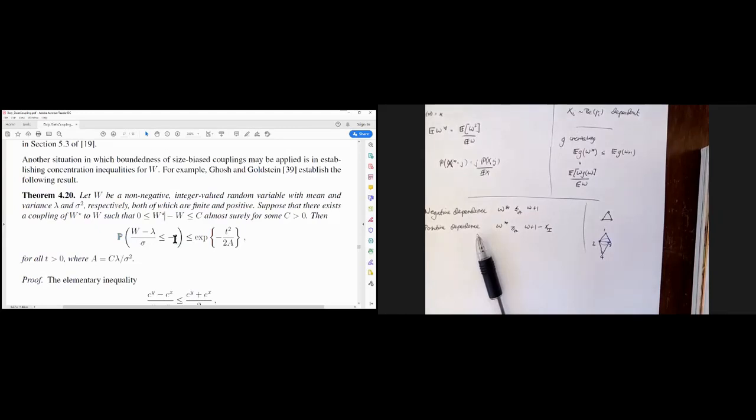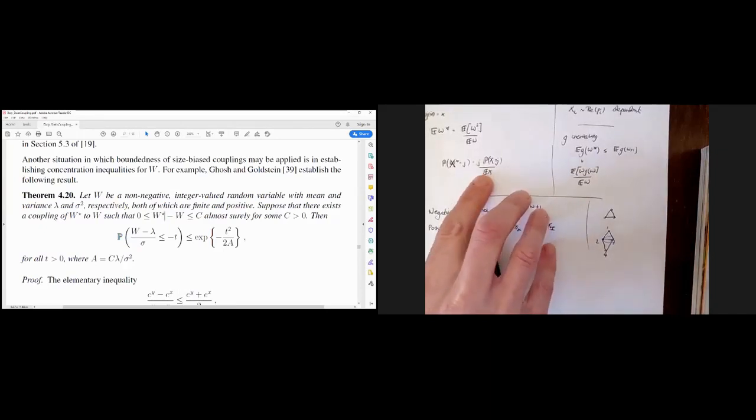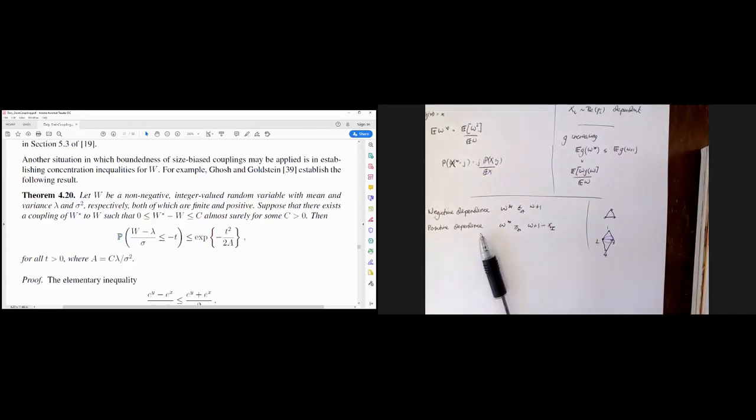I guess one thing to say is that this size bias version W star is stochastically bigger than W. So I can show that when I make this transformation, my W star is stochastically larger than W. But there's always a size bias coupling such that the difference is non-negative, but that doesn't guarantee that it's bounded.